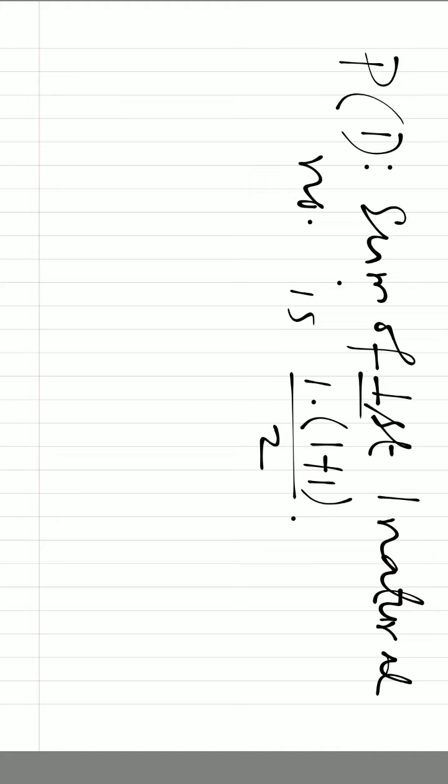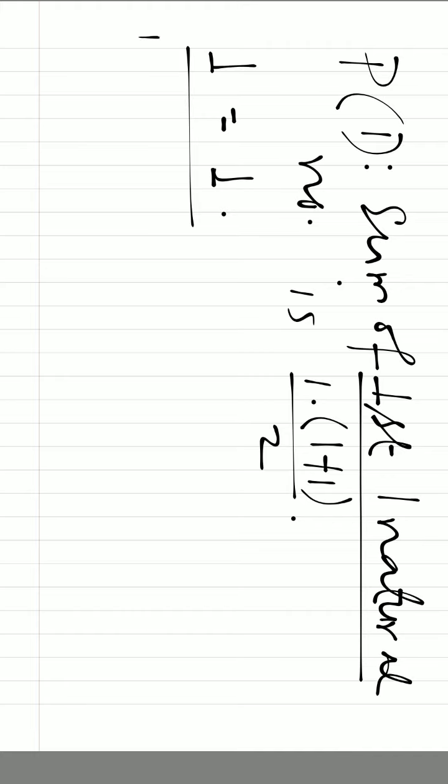So the first one natural number means it is 1 itself. So we are taking the sum up to 1. That means only 1. And it should be equal to this value. Now see, 1 into 1 plus 1 by 2, that is also being 1. So basically the statement is being true. Okay. So this is the meaning of P1.